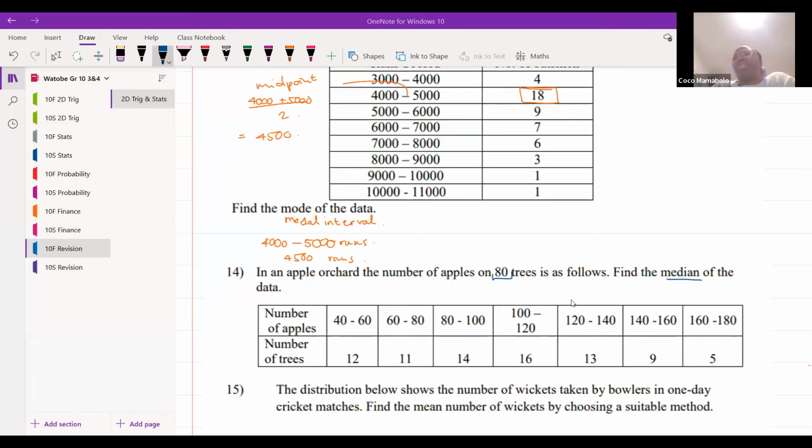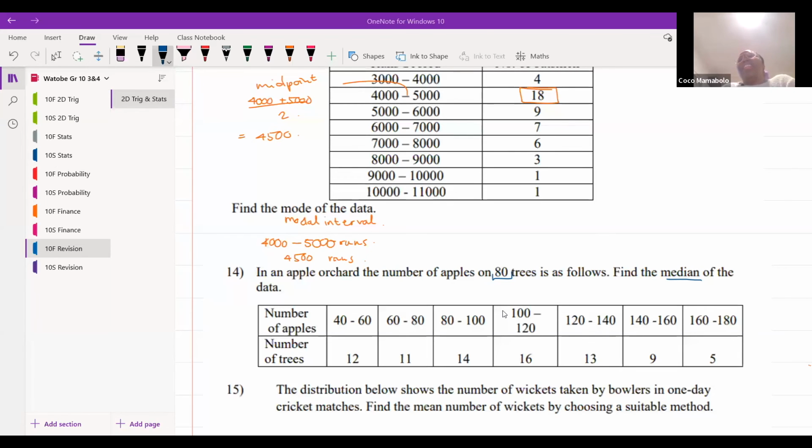What is half of 80? Half of 80 is 40. So if I have 80 trees and I want the median, I'm looking for the 40th tree, correct? Yes, correct.